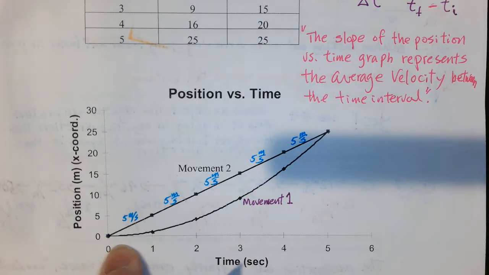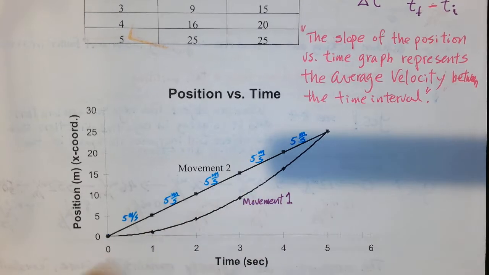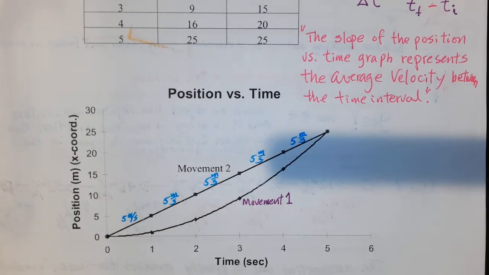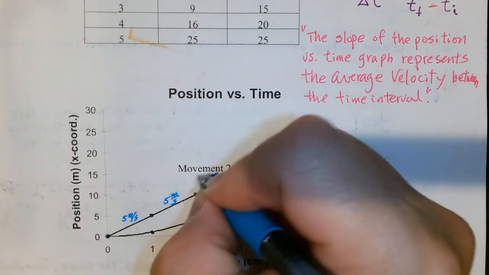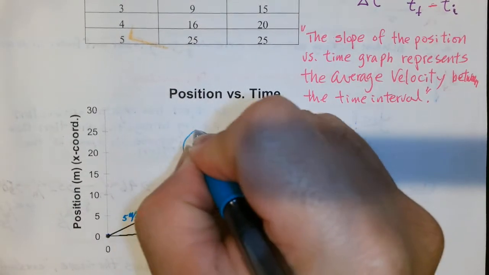So the average velocity between each time interval is constantly 5 meters per second. So it's moving at a constant velocity. All right? So the constant slope of movement 2, right?